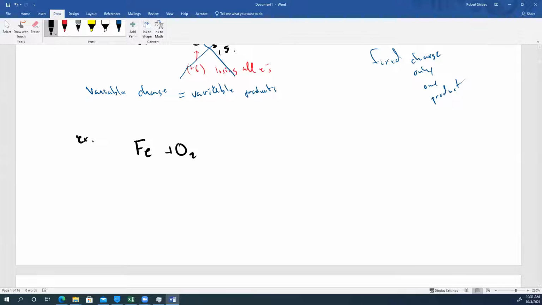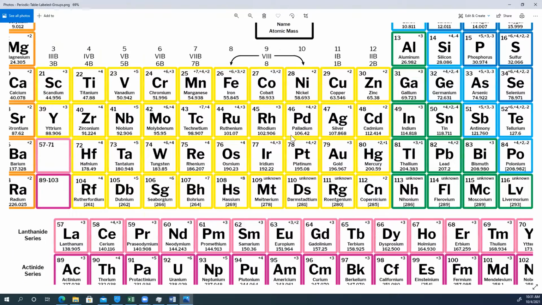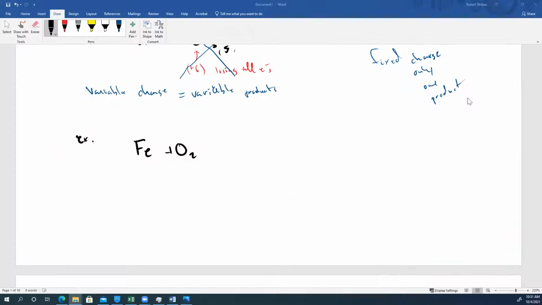Let me grab a periodic table here so we can see. So when we look at iron, iron's in the +2, +3 region over here. And so +2, +3 is what we're going to have.